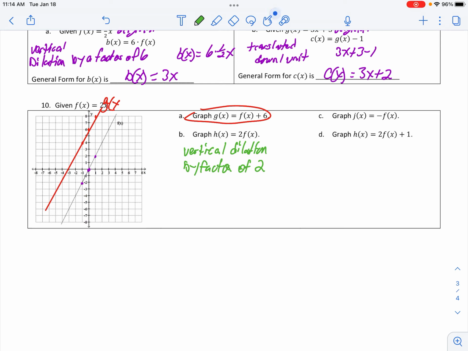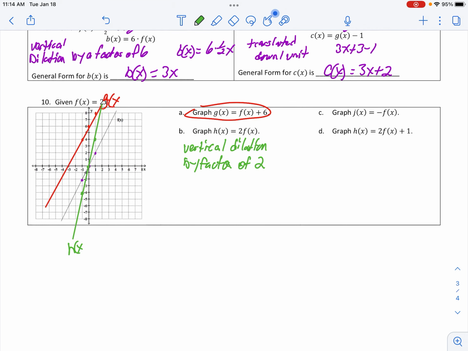Go back to those purple ones to start off with. It's at -2. -2 times 2 is -4. 0 times 2 is still 0. And for the other one, I'm at 2. 2 times 2 is 4. And there it is. It stretches that out. Take your ruler, line up those 3 points, and this will be my h of x.